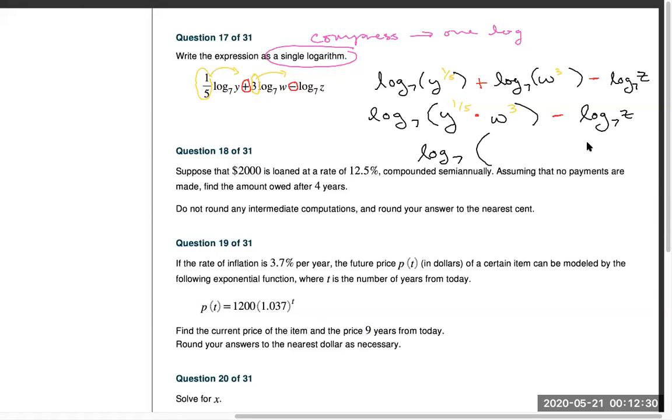And then in the numerator, we're going to have our y to the 1/5 multiplied by our w to the 3rd. And on the bottom, that subtraction is going to indicate this division here. And we're going to have z on the bottom.